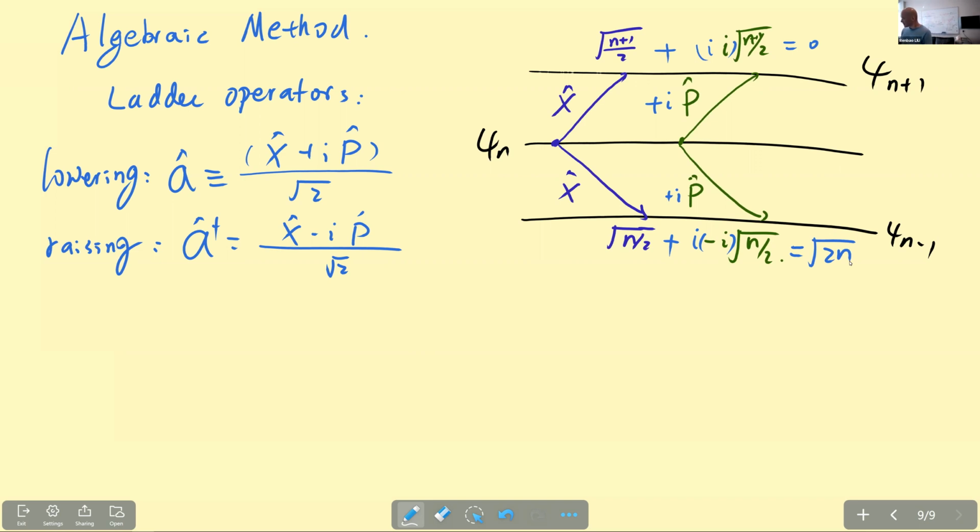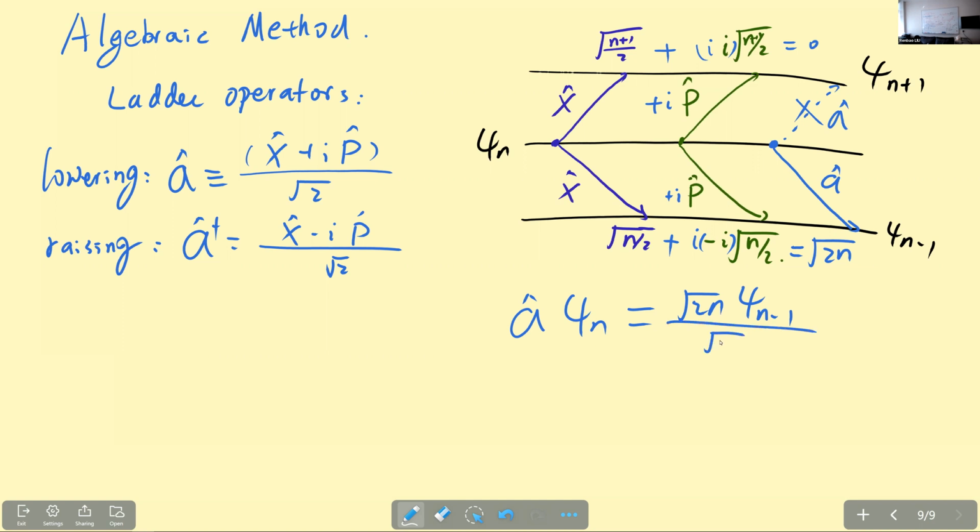This means if you apply A, it only goes to the state below; it cannot go to the state above. So A on m equals square root of 2m times m minus 1 only, but you need to divide by square root of 2 because of the square root of 2 in the definition.